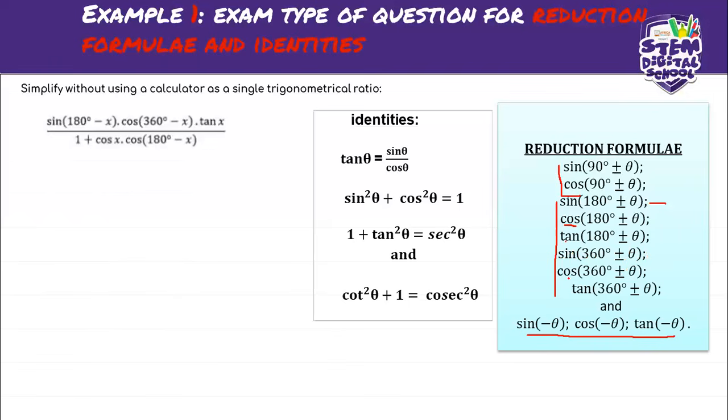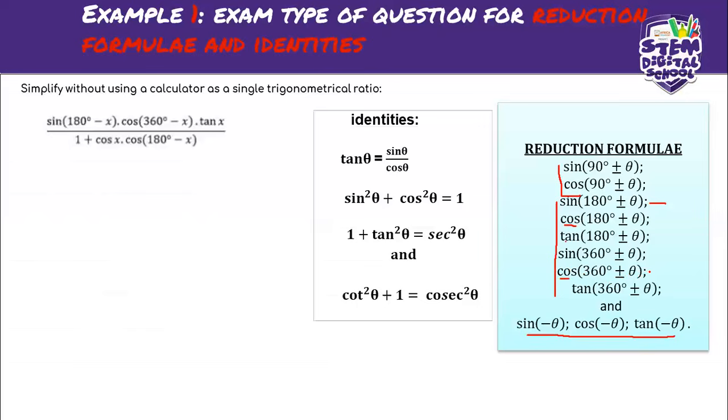Then we go to cos. Cos into 360 plus theta. Which quadrant? First quadrant. How is cos? Is positive in that quadrant. So the answer is positive cos theta. Then we're having cos into 360 minus theta. Which quadrant? Fourth quadrant. How is cos?